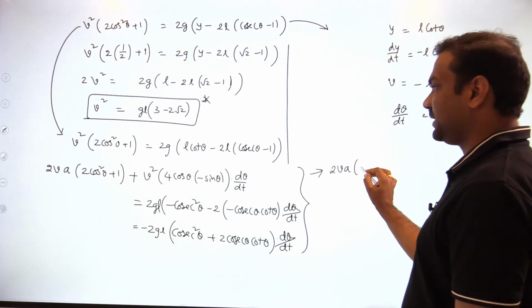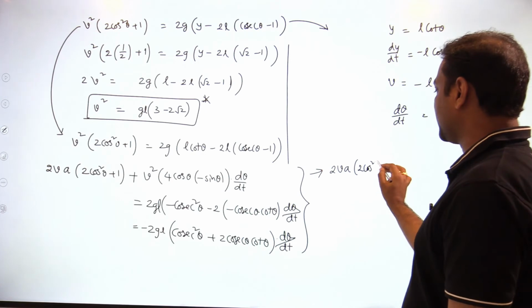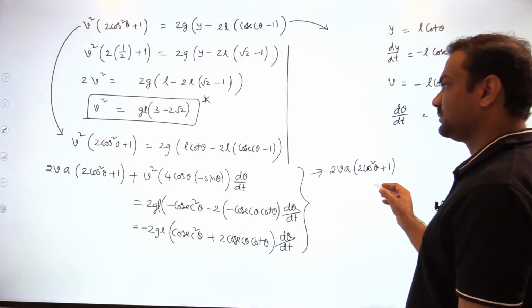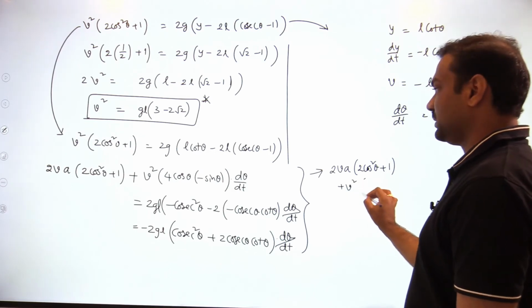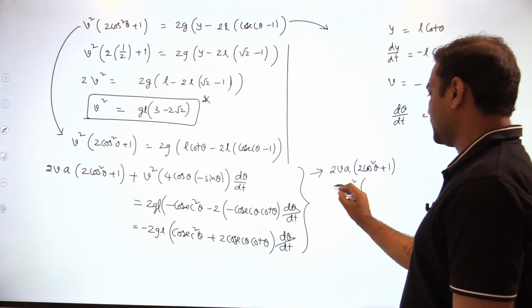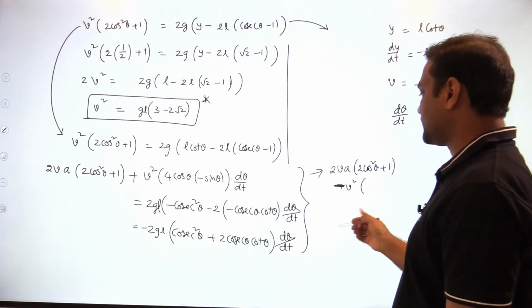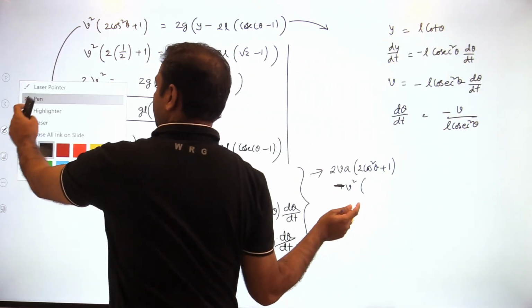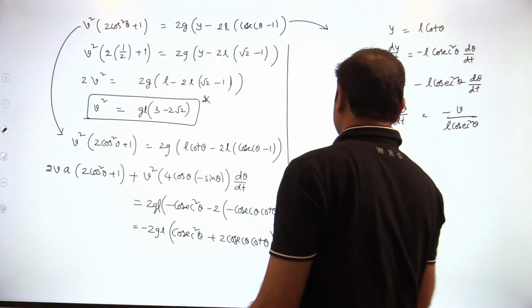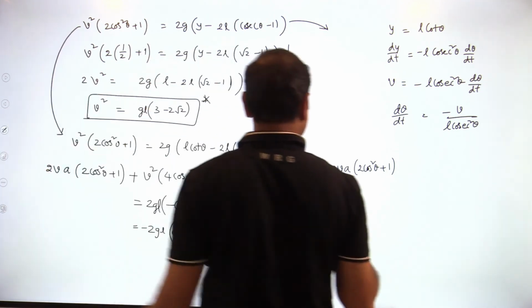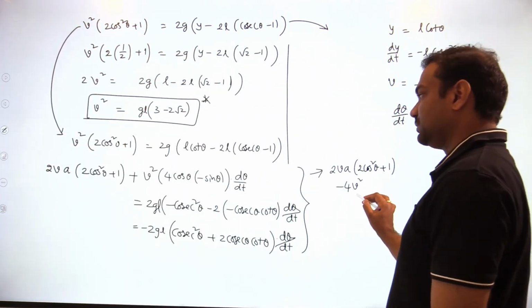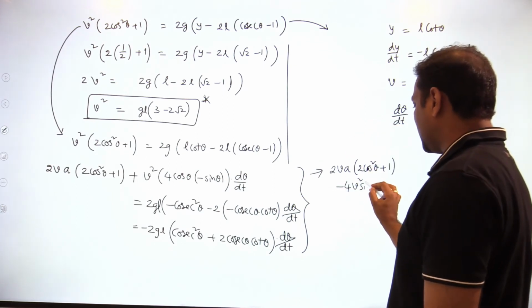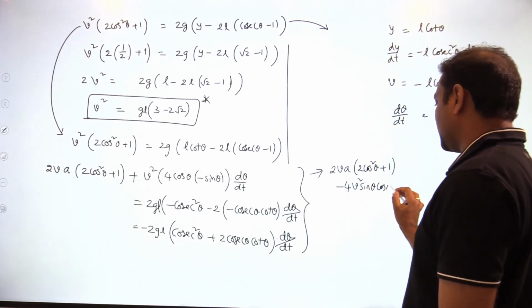2v into a into 2 cos square theta plus 1 plus v square into v square minus v square into 4v square into, okay, let me do it, minus 4 v square into sin theta cos theta as it is, or else sin 2 theta also you can write down, it doesn't matter.